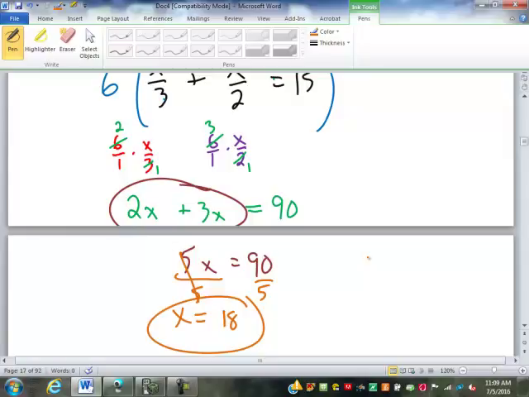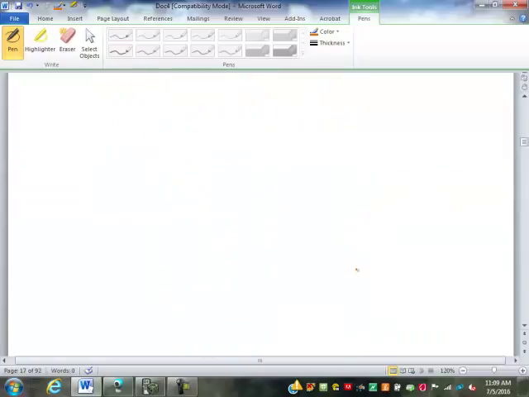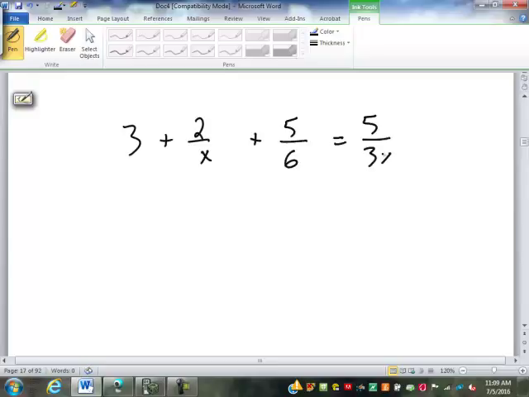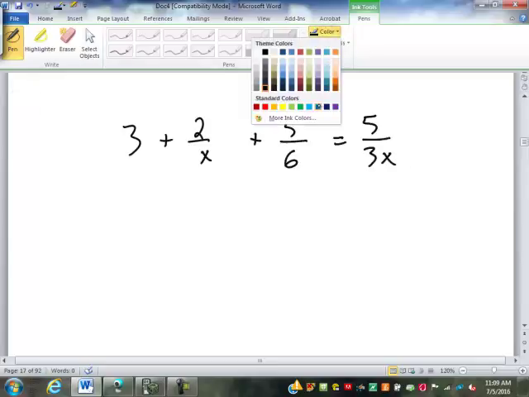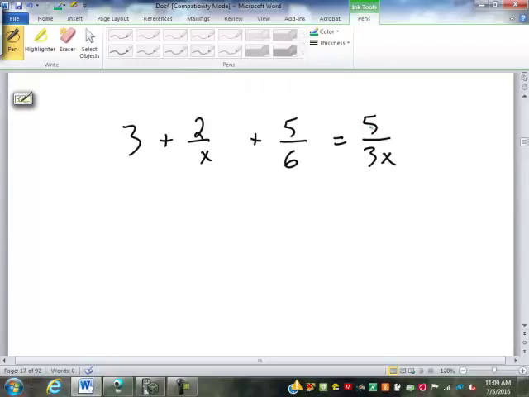like this one. So 3 plus 2 over x plus 5 over 6 equals 5 over 3x. To solve this, we must find a least common denominator.